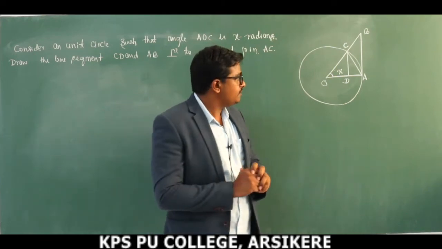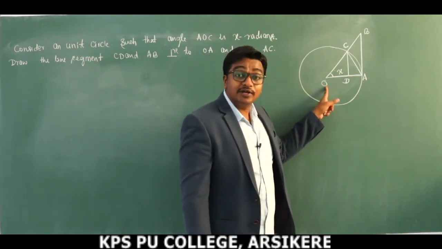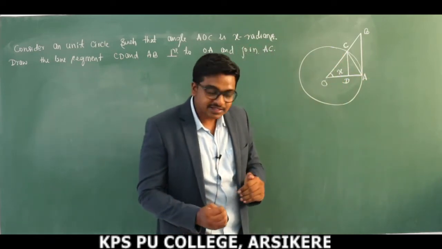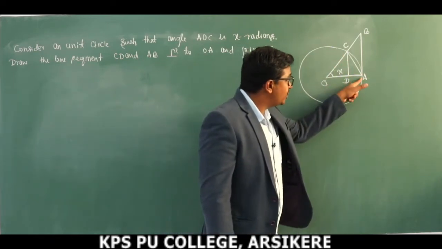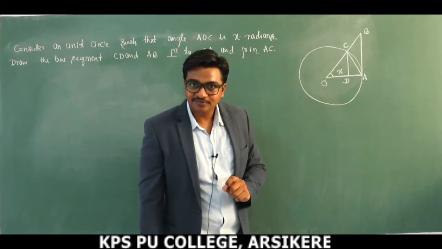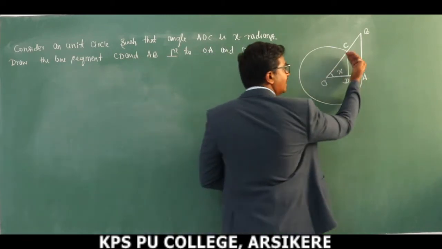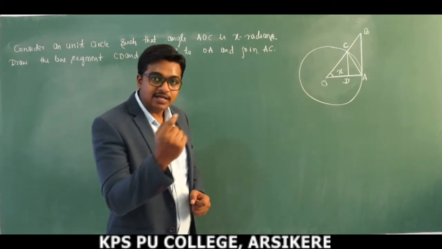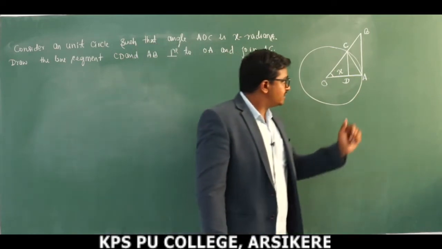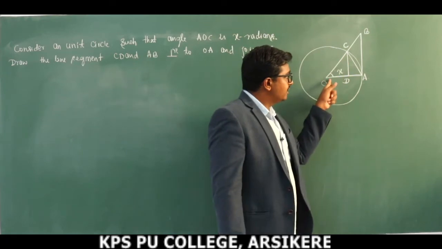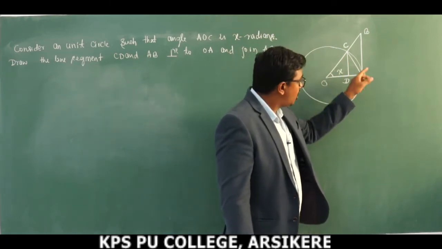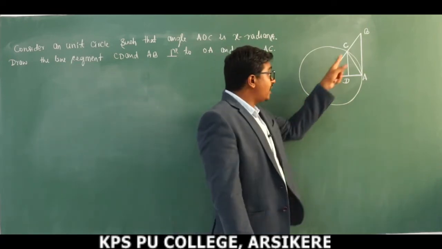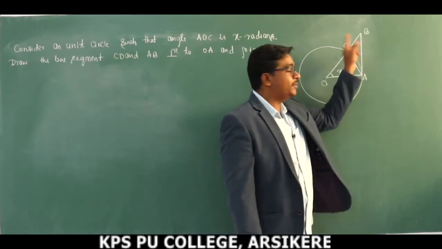Just observe carefully. The area bounded by the triangle OAC is less than the area bounded by the sector OAC, right? This is the triangle, and the area of the triangle is less than the area of the sector OAC. Obviously this sector is always less than the triangle OAB.